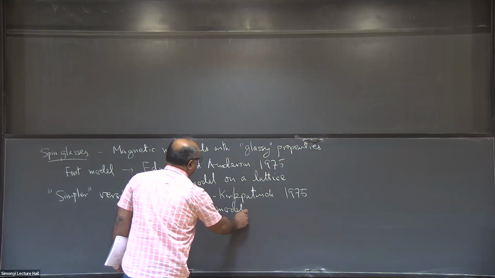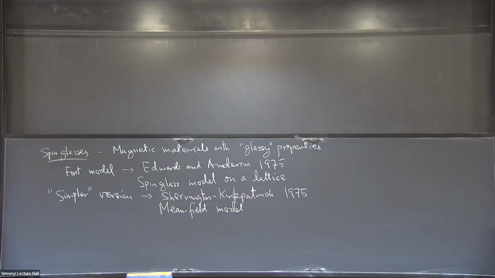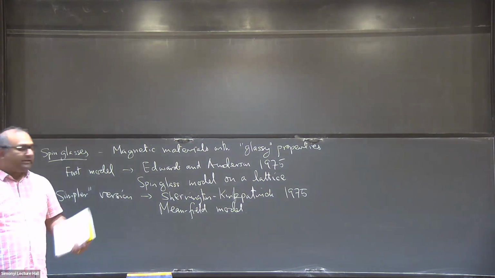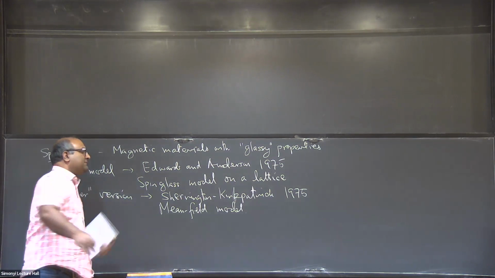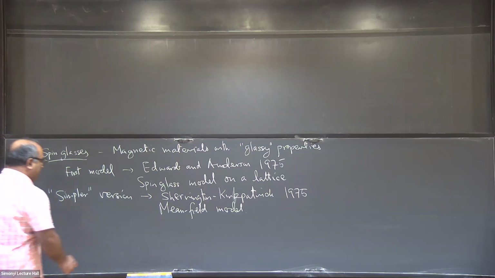If you're not familiar with statistical mechanics, a lattice model or short-range model is where you have particles which interact only with neighboring particles, so close neighborhoods. So that's a more realistic scenario. And a mean field model is a simplification of this model where all particles interact with all others with equal strength. And so that often simplifies the theory.